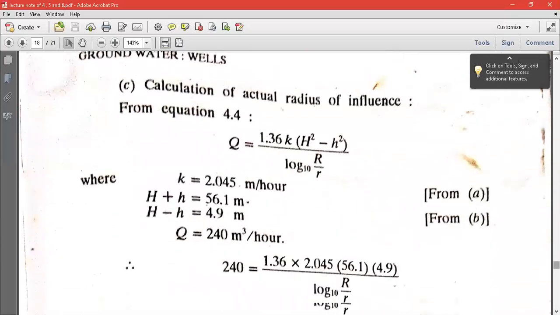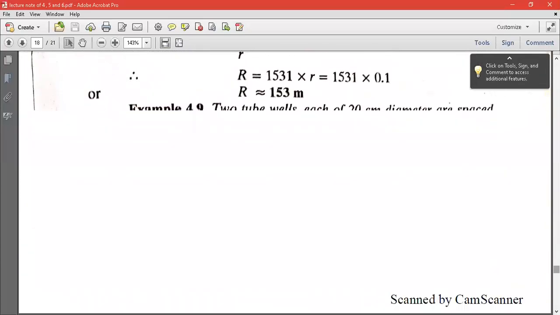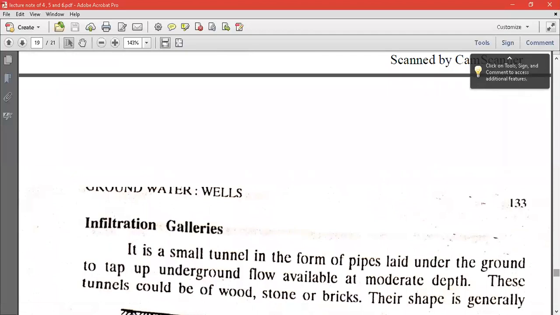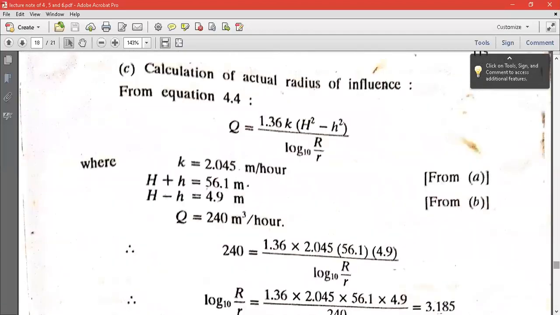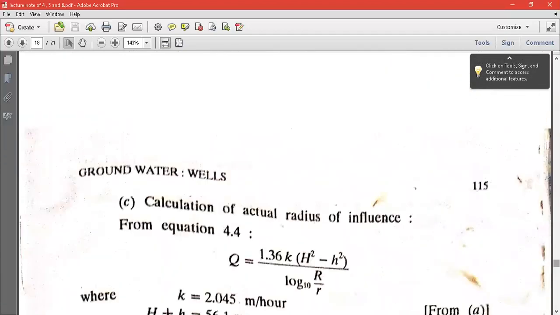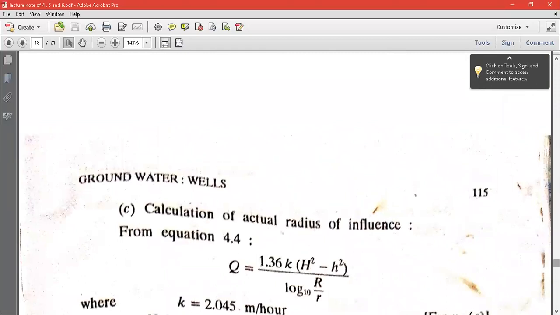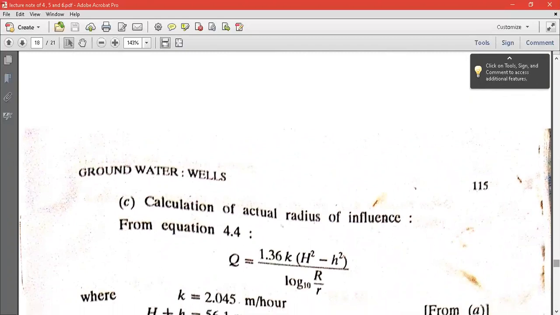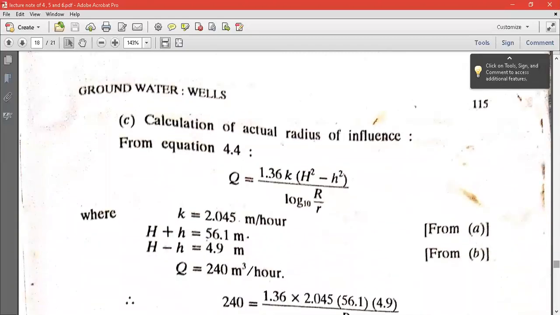Now we have come to the last part of this question. The actual radius of influence I have to find out, because here 300 we have assumed as the radius. If we are going to find out the actual radius of influence, how can it be found out? Again the same formula, only we are changing some terms.